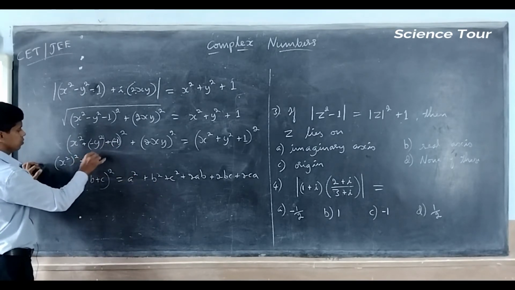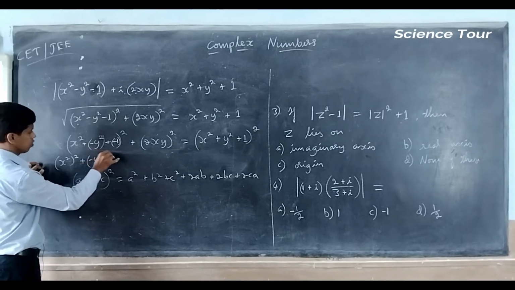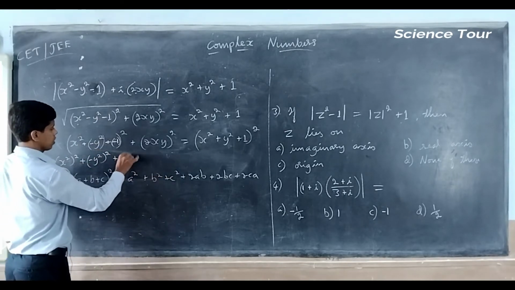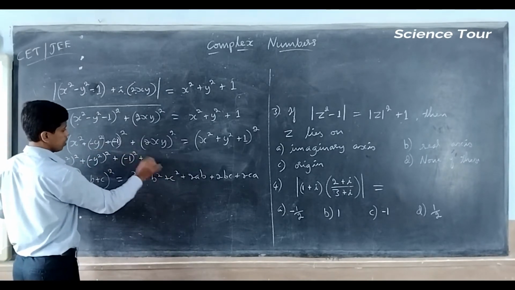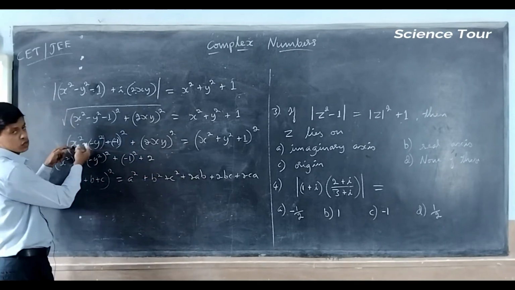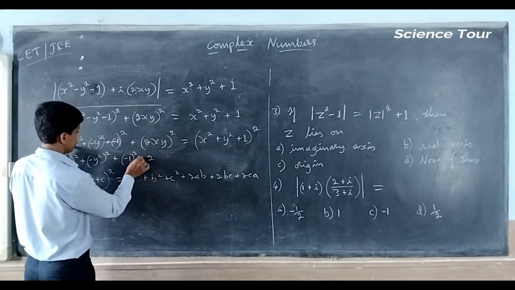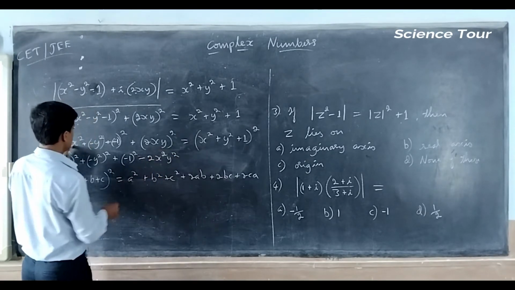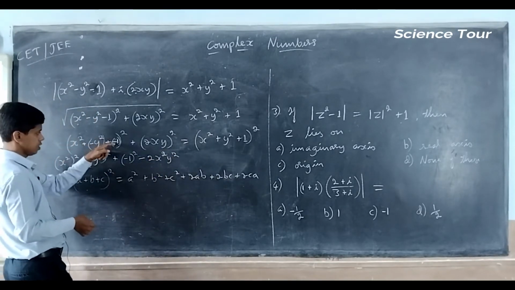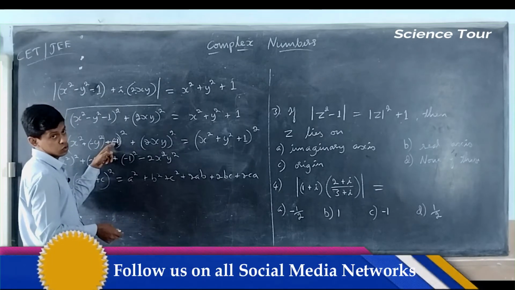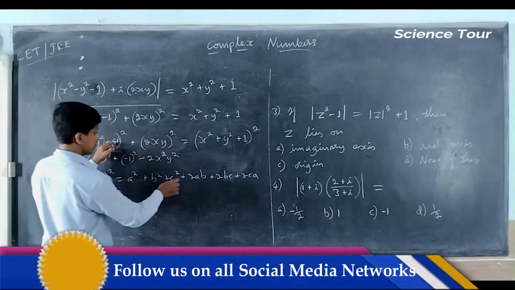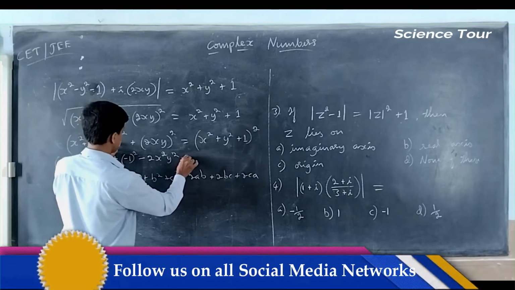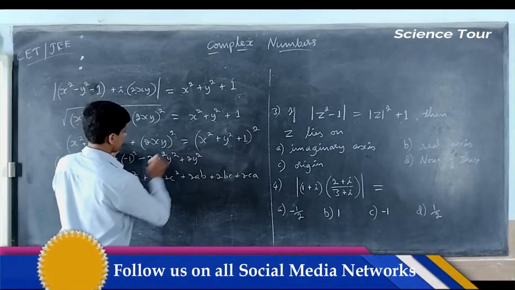So this is minus y square the whole square, and then c square, minus 1 the whole square, plus 2ab. So 2 into x square into y square, and then I have got 2bc. So both are negative, therefore it will be positive, correct?